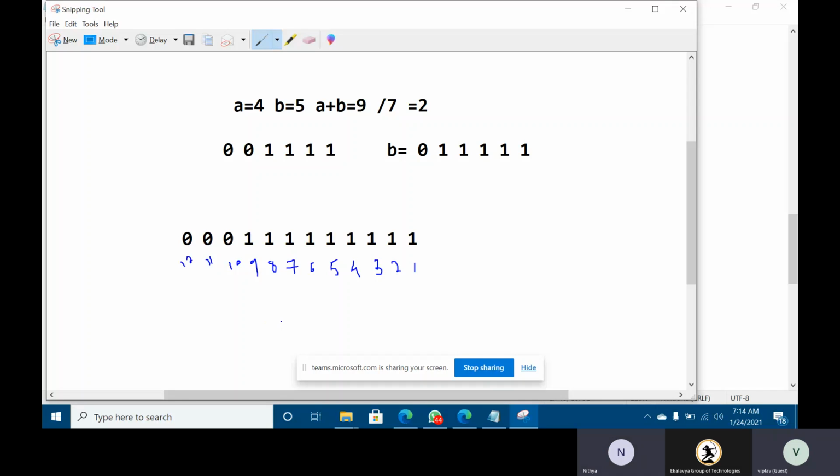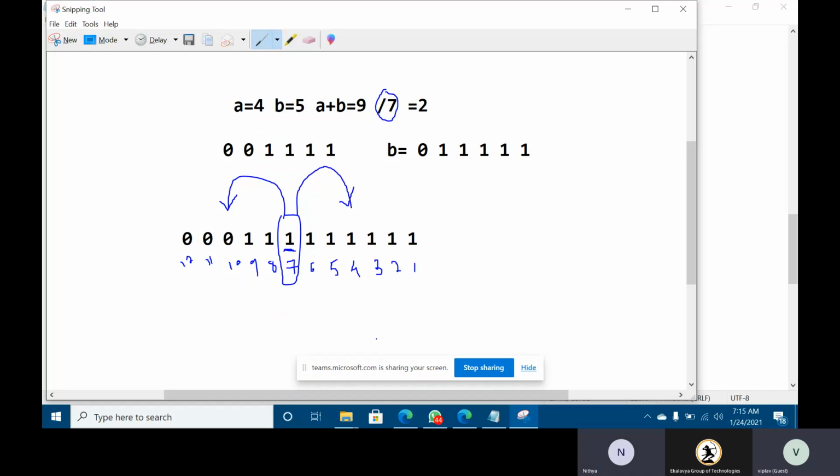Got it. So what I am doing is mod of 7, so we have to take this 7th index. What is the value we got here? That is 1. Whenever we get 1 at the index of 7, we have to see the output from the left side of it. Whenever the index of 7 is 0, we have to see the output from the right side.